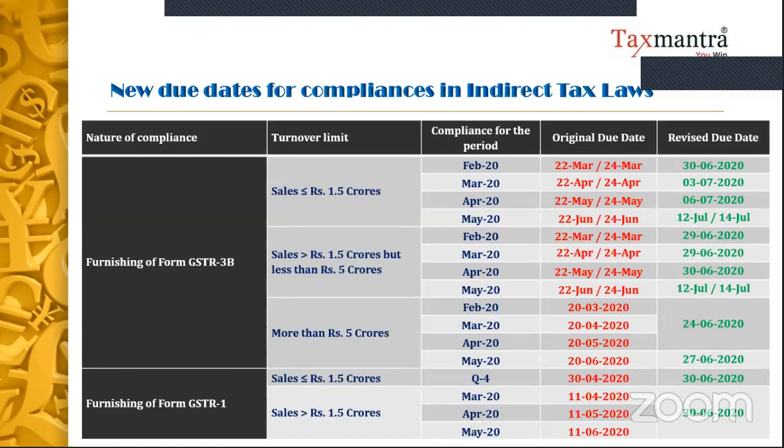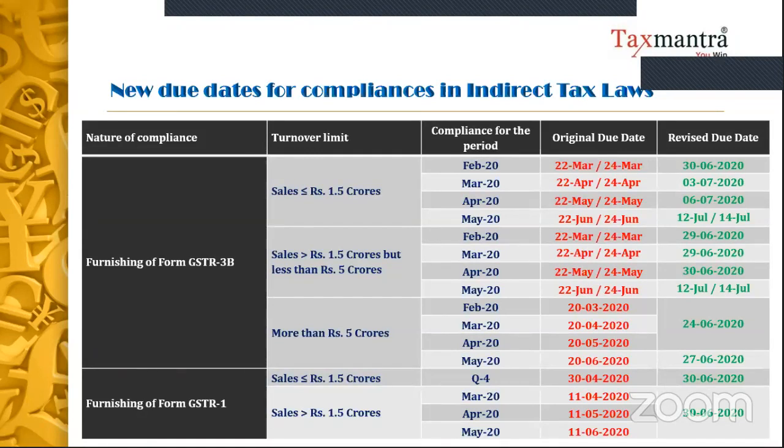In case of February, the due date was 20th of March. In case of March, the due date was 20th of April. In case of April, the due date was 20th of May. Altogether, it has now been extended to the 24th of June.